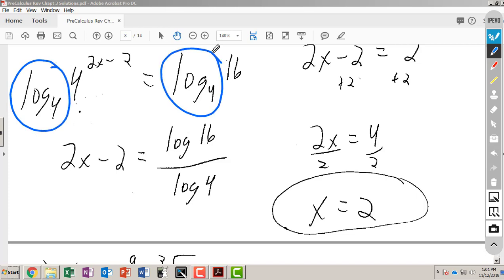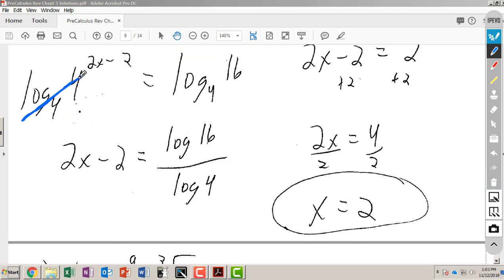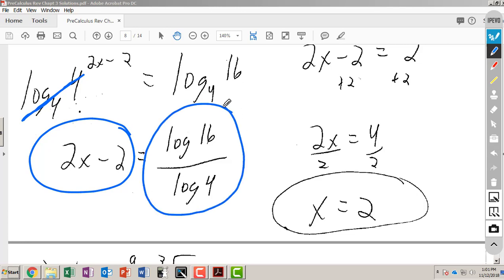When I'm done doing that, notice these two cross out. I'm just going to be left with 2x minus 2. And log base 4 of 16, there's two ways to solve this. You can put it in your calculator using your change of base formula, or you can actually do this one mentally.